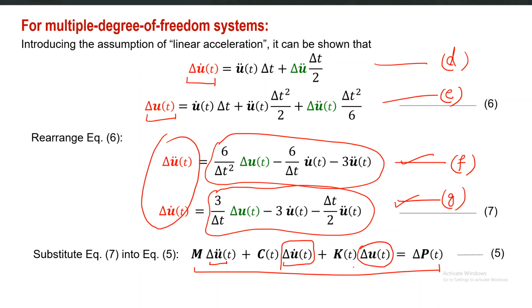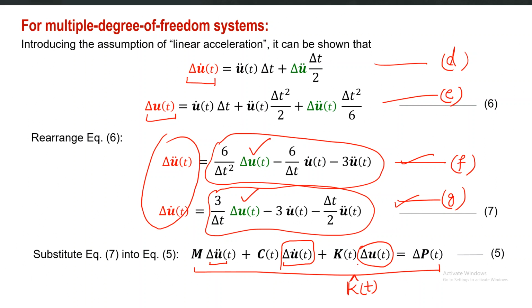Now since delta u is in all these terms, we can combine all the terms having delta u, and whatever is the multiplier for delta u, we call a modified or different K matrix. Let's call it the K prime matrix.